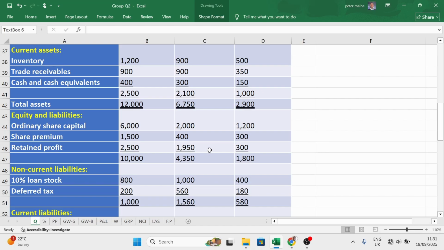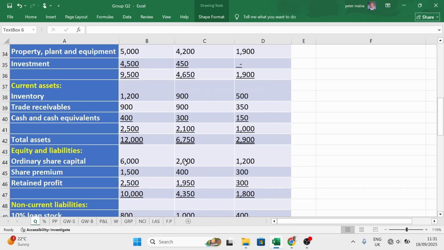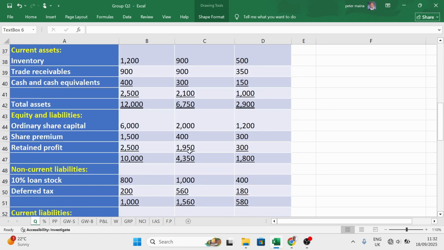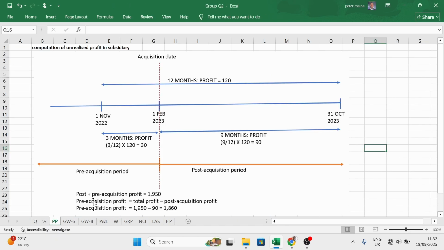This 1950 is accumulated profit up to 31st October 2023, and this retained profit of 1950 includes the profit made in the current year of 120. So if you take 1950 and deduct 120, you are going to get the retained profit at the beginning of the current year. So these are the workings.